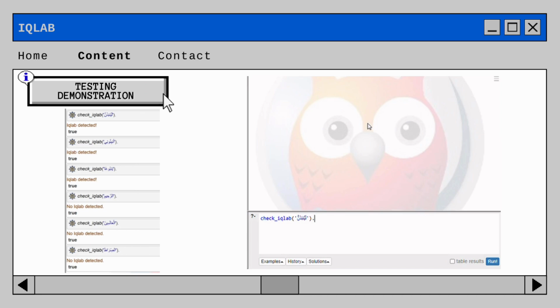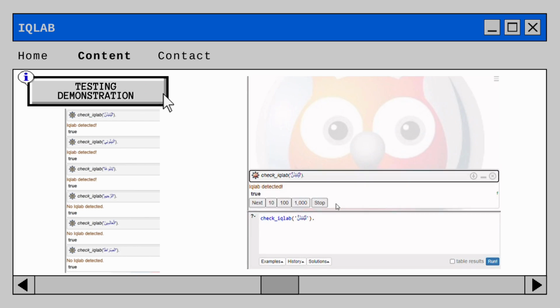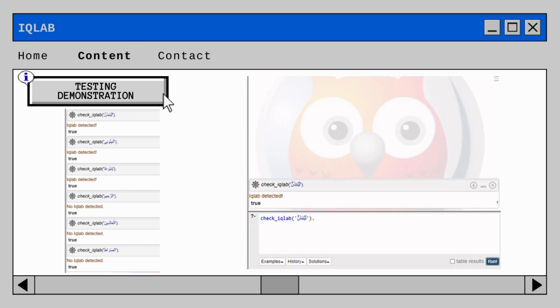To check whether or not the IQLAB word will be detected by the Prolog program, firstly, we want to check La yumbadanna. It should come back as IQLAB detected. Okay. Next, we want to check for ambiuni.